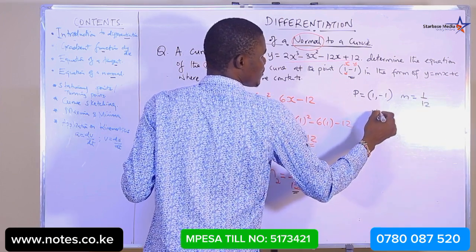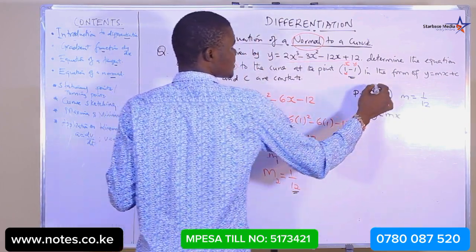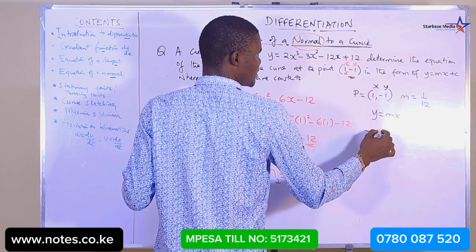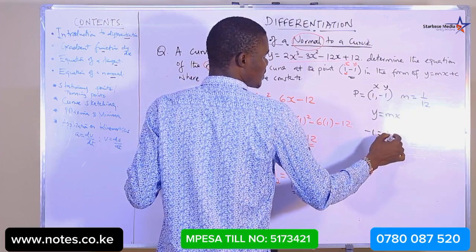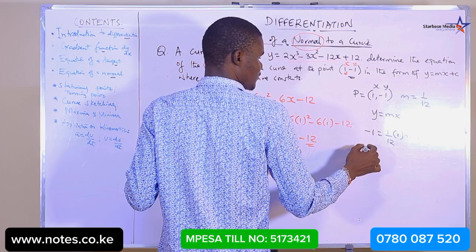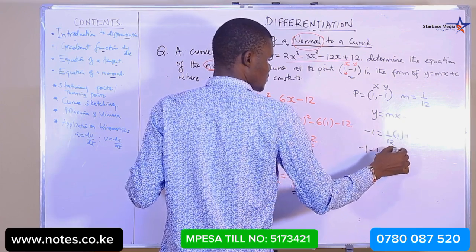You simply say y is equals to mx plus c, and then you replace, this is x, this is y, and this is m. So negative 1 is equals to m, which is 1 over 12, x is 1, plus c. So negative 1 minus 1 over 12 is equals to c. What is c?